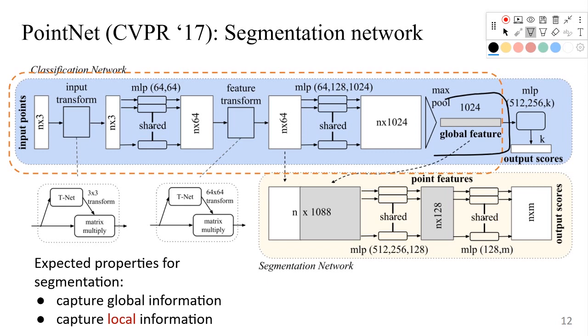However, when we do segmentation, we need local information instead of only global. Global we already have here, so we also want local information to be captured by this network. And actually we already have this local here. Local means for every point we capture the locality, instead of all points globally.